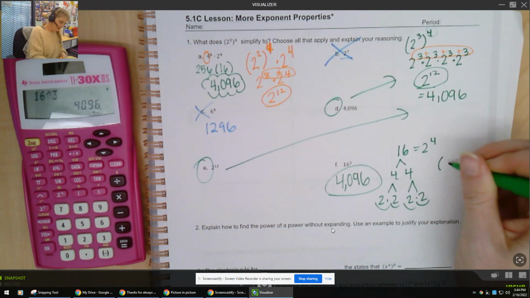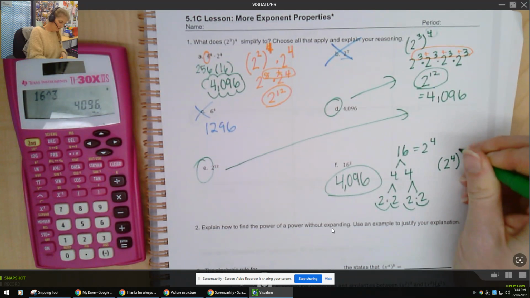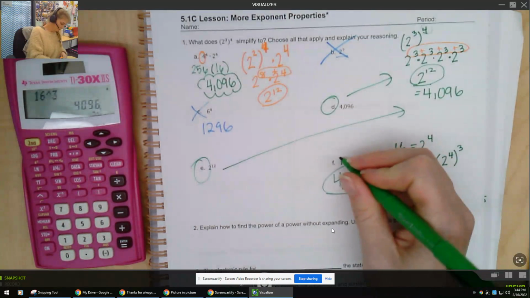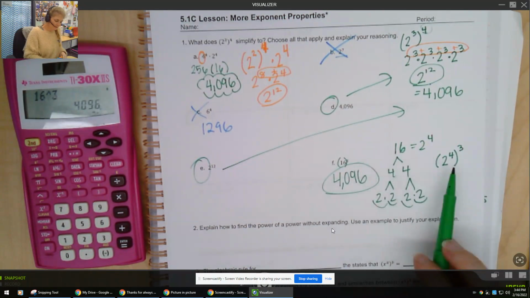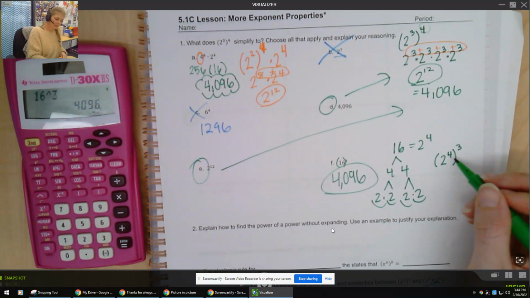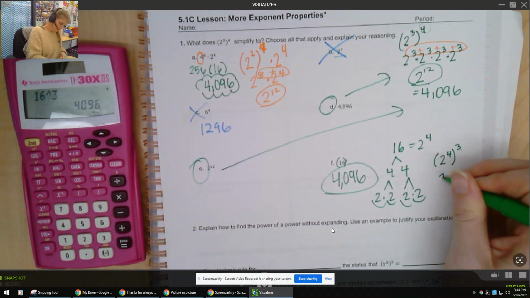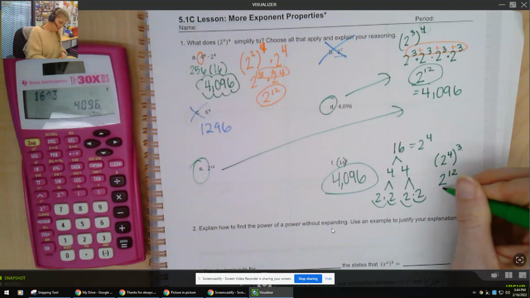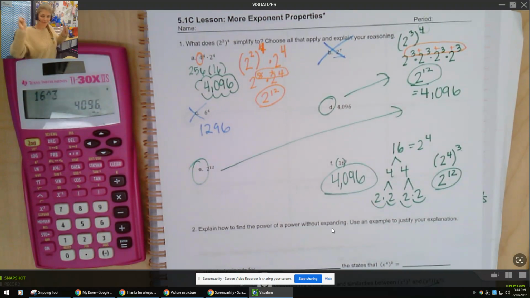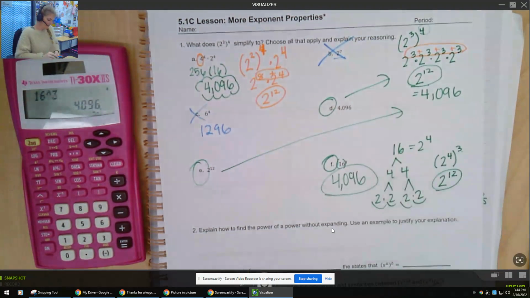So that means I can rewrite this as 2 to the 4th power to the 3rd power. All I'm doing is replacing 16 with 2 to the 4th, and power to a power says if I have 4 factors of 2 and I have 3 groups of it, that's going to give me 12 factors of 2. Yay! So F is also correct.